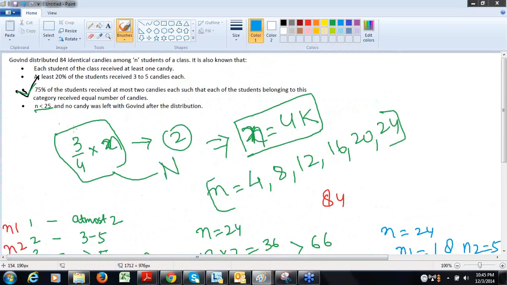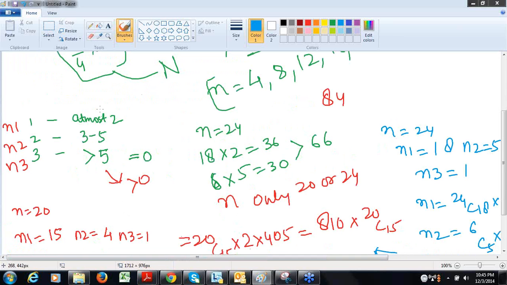See, let me explain once again for everybody if you have a confusion. What it is saying is 75% of the people have 2 candies. Okay. 20% have 3 to 5 candies. Okay. 5% will have greater than 5 candies. Now we are taking the maximum possible scenario for the first case and second case, and for the third case we are taking the minimum possible scenario, considering that it is 0.